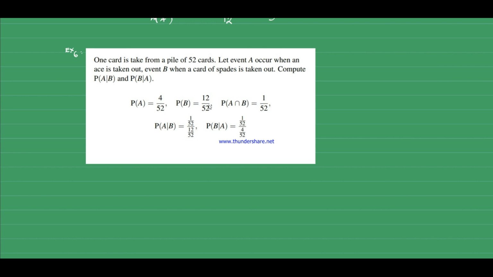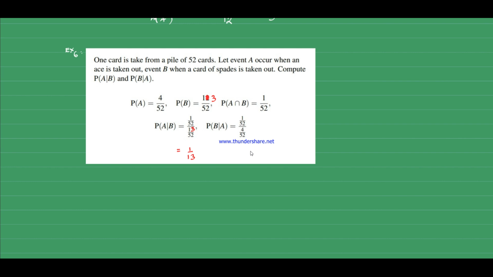Then we have king, queen, and jack, so it should be 13 over here, guys. So it's not 12, it should be 13. And the intersection is only one of them, so here you have 1 over 13.